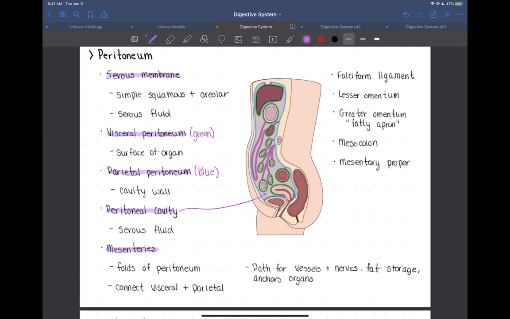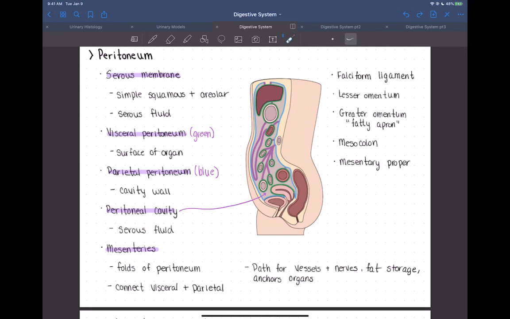And so there are these folds of serous membrane that connect, in most areas, like here, the parietal with the visceral. Here, this little segment connects the parietal and the visceral. Here, we have parietal, and it's connected to the visceral by this purple mesentery.